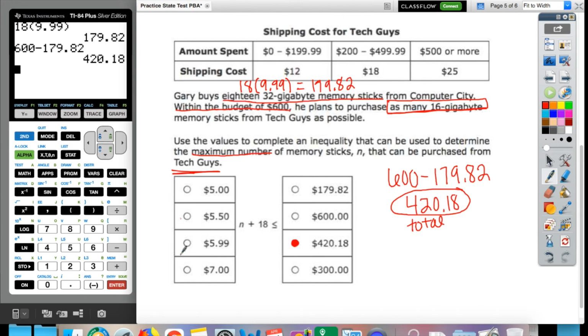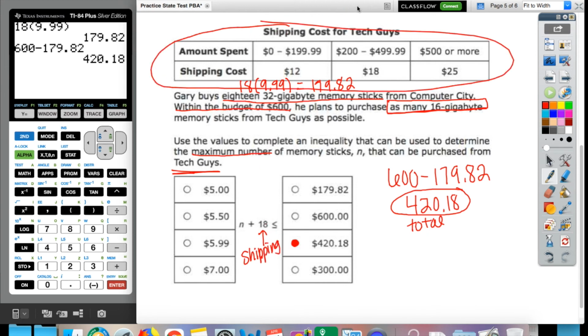We just need to figure out what the slope is going to be. So real quick, it didn't ask for 18, but where does this 18 come from? This 18 is what is being added to your equation for shipping. For shipping, we're going to look at this little table right here.